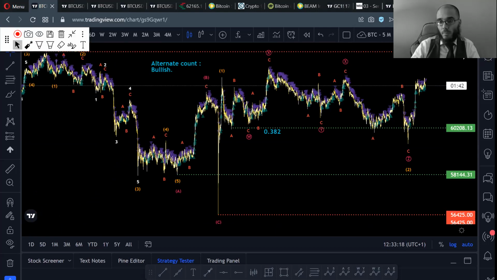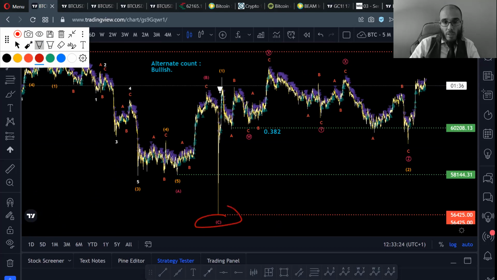The 5-minute chart for the bullish count gives us a wave C here where we had a flash crash, the flash price drop, and then we are in a corrective mode. The corrective mode could have stopped here, which would then be wave 2, and we could go higher in wave 3.